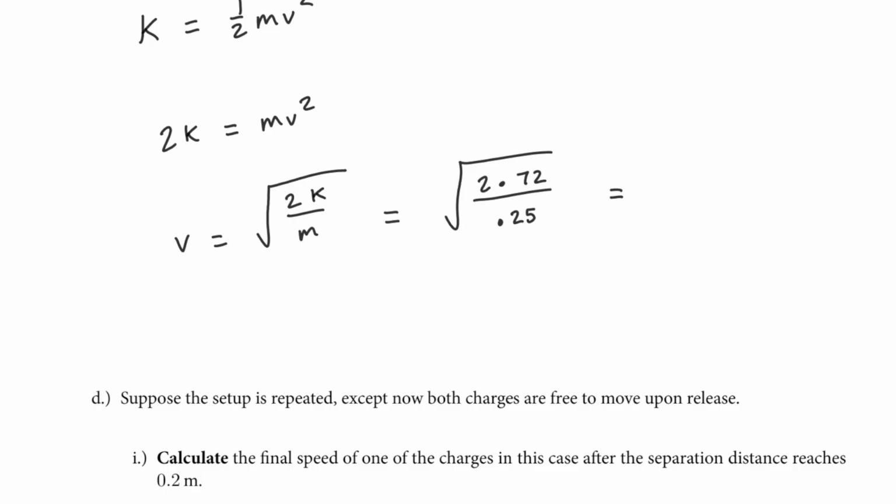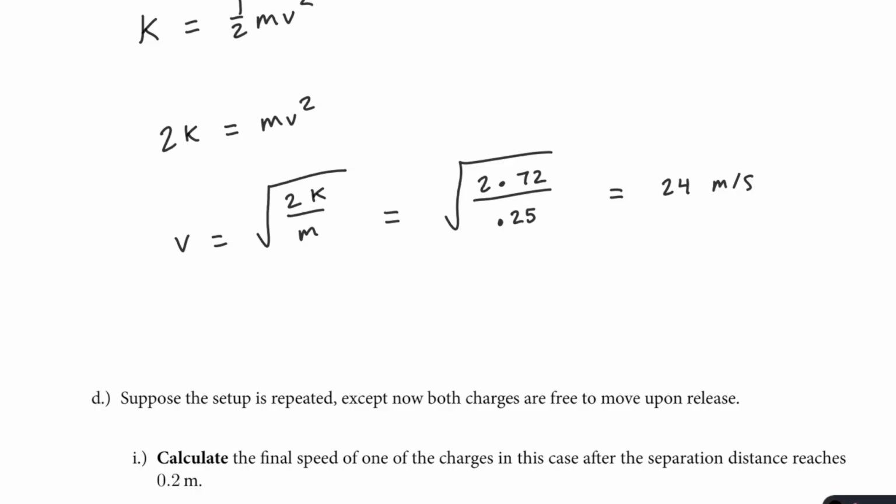So we'd get 144, which is 12. Sorry, yeah, 144. This will be, I believe, 24 meters per second. We can check that, which I will do real quick here. Yes.